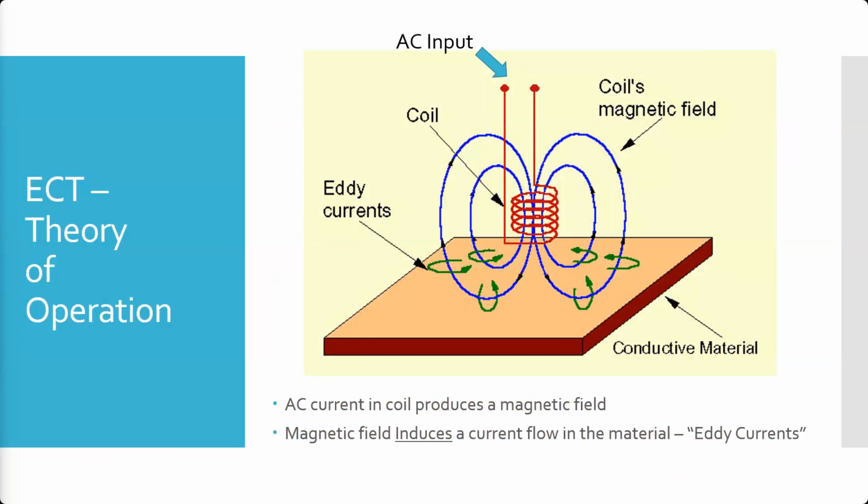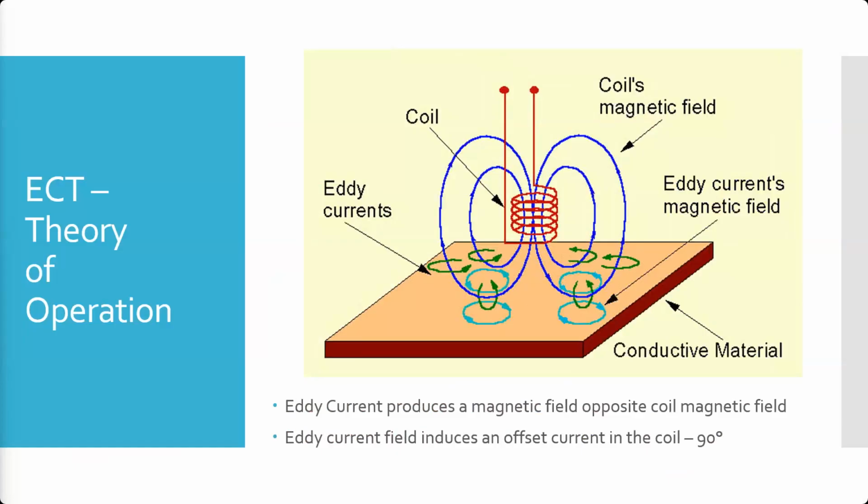And then the next step is that those individual eddy currents that formed are going to form little magnetic fields of their own, shown in blue here. Because you can see the coil's magnetic field here is oriented vertically, the eddy currents' fields are oriented horizontally.